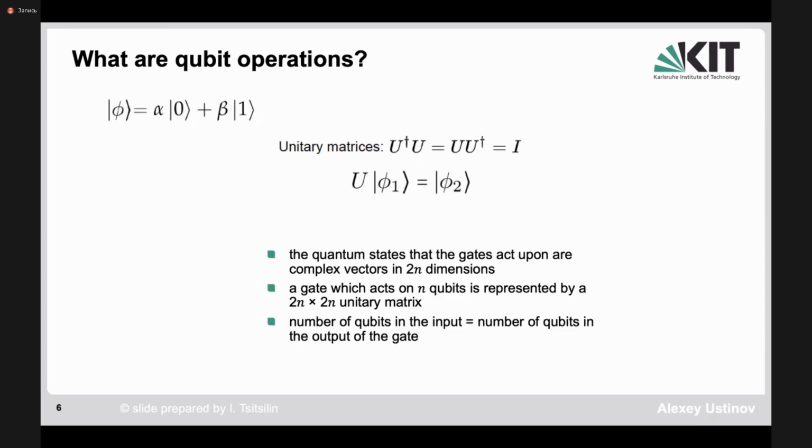Unitary transformation means that you basically use unitary matrices to go from state 1 to state 2. In this case we move in Hilbert space. For single qubit gates, we just have a two-dimensional Hilbert space, and for n qubits, of course, a 2 to the power n dimensional Hilbert space. So if you have 2 qubits, the dimensionality of the Hilbert space is 4.